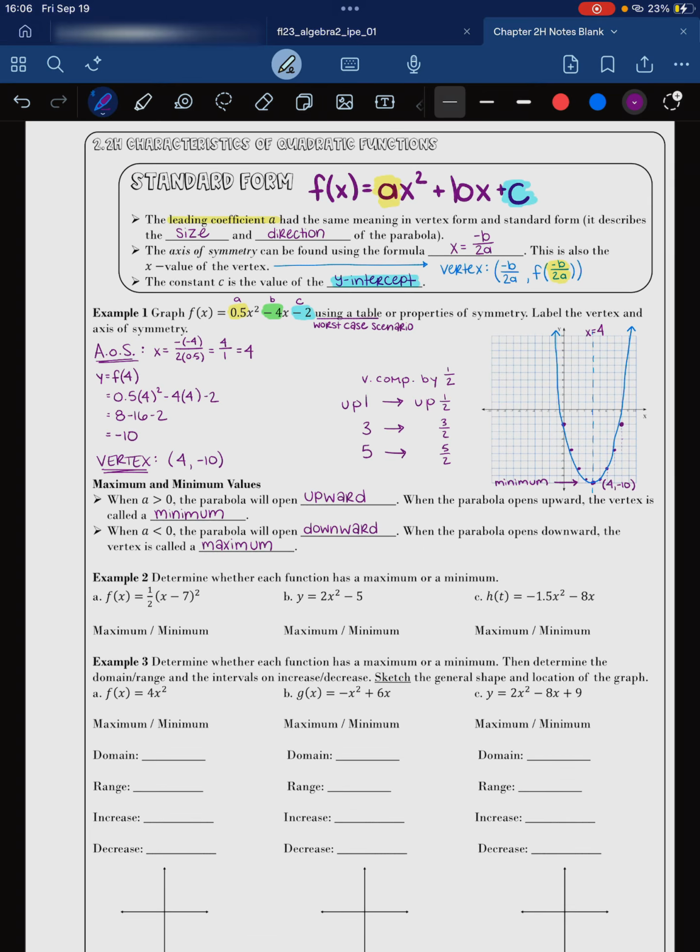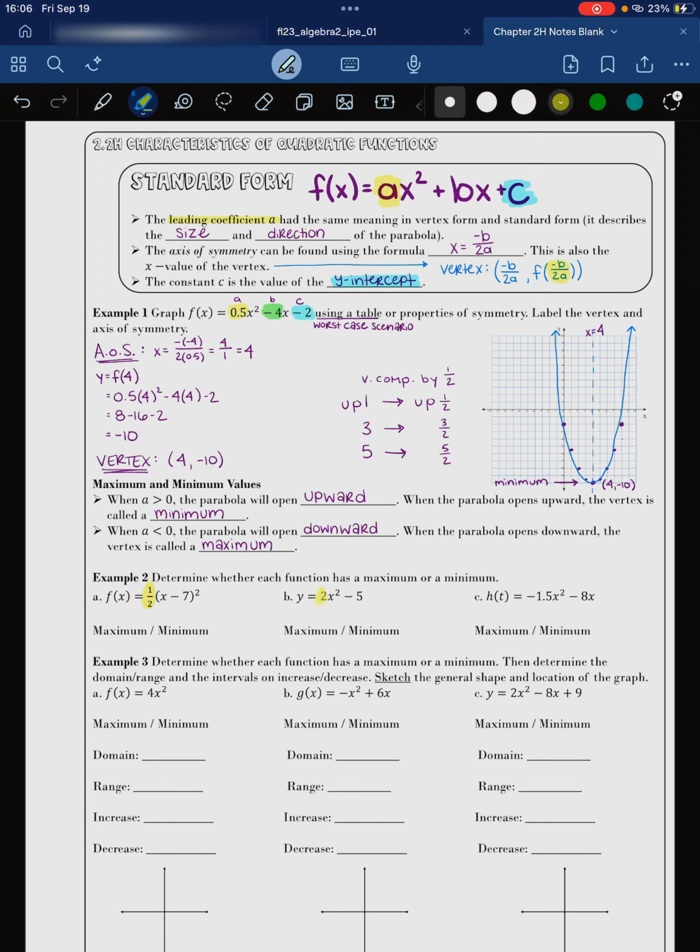Okay, so that's what these next little notes say. When the parabola opens upward, we have a minimum. When the parabola opens downward, when a is negative, we call that value the maximum value. Okay, so in this next example, all we have to do is just look at that a value and determine, is our parabola going to have a maximum or a minimum?